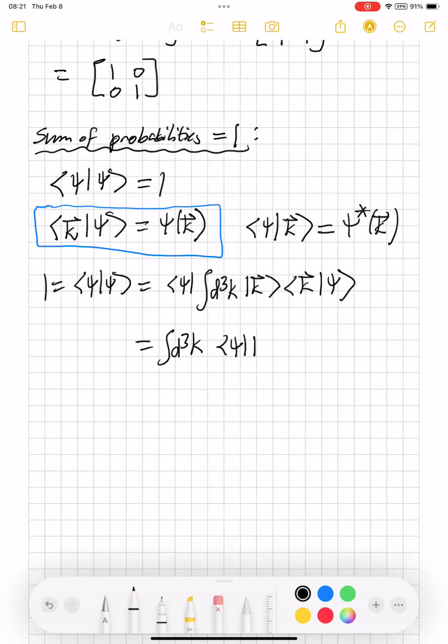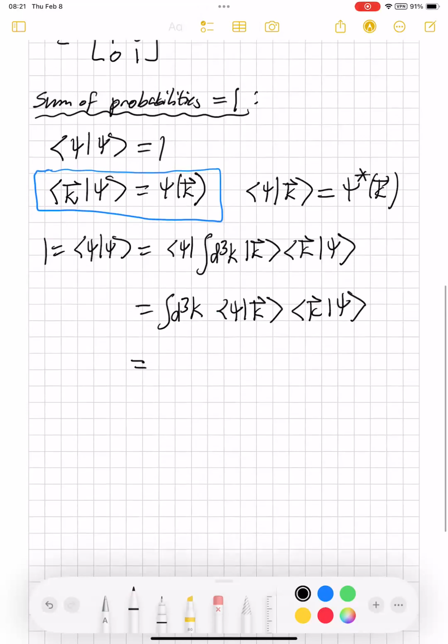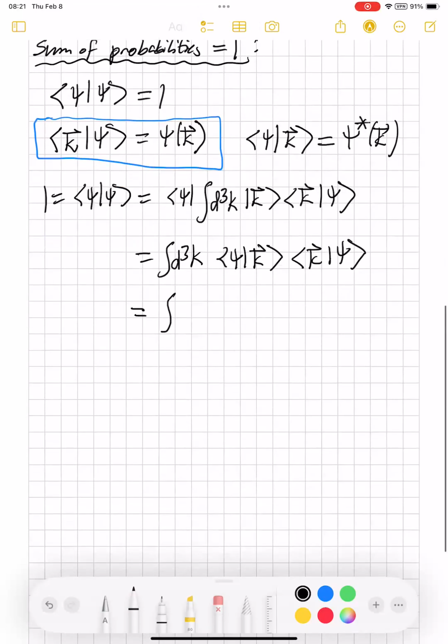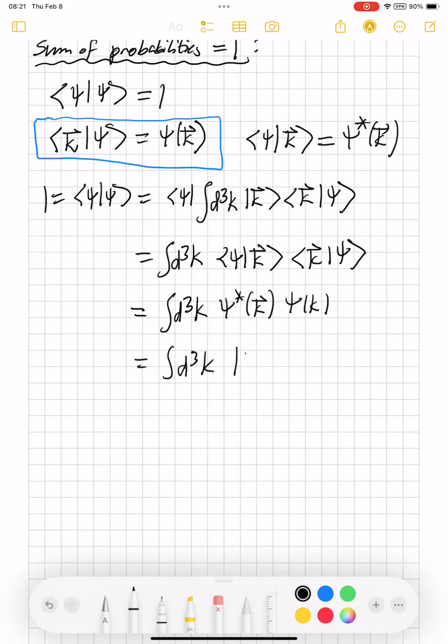Then I have bra psi ket k and bra k ket psi. And these two brackets appearing in the integrand, I've already evaluated. So this is just the integral d3k. Bra psi ket k is nothing but psi star of k, and bra k ket psi is nothing but psi of k. So this is equal to the integral d3k of the mod of psi of k squared.